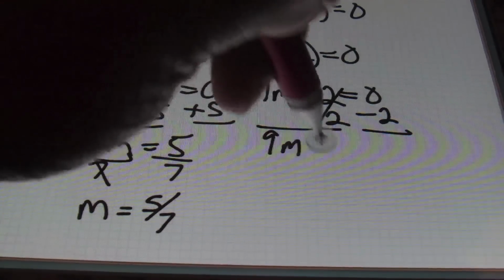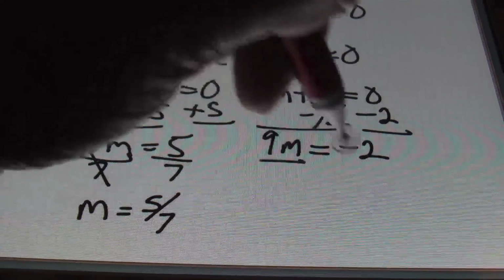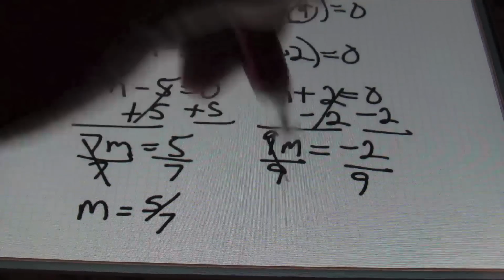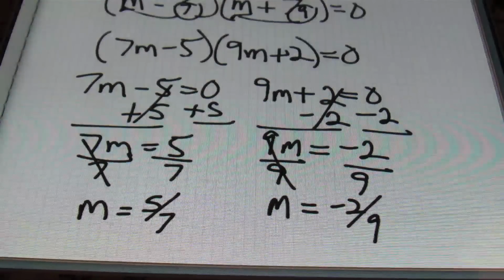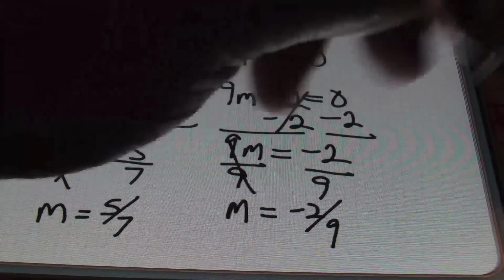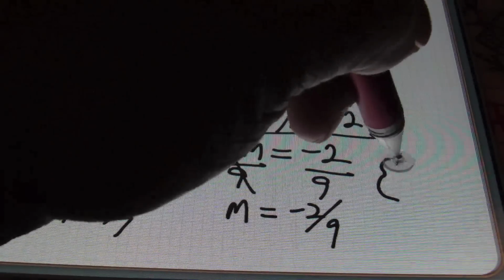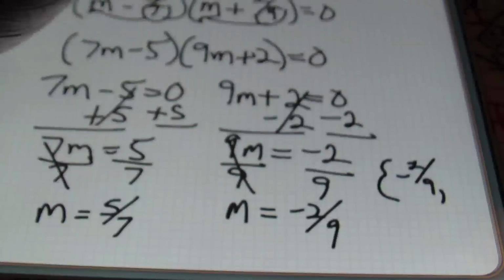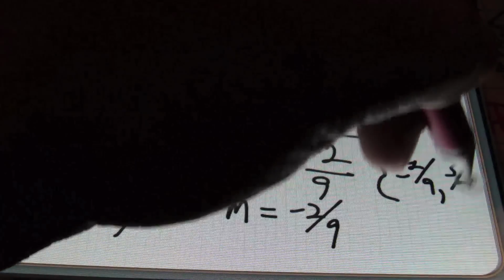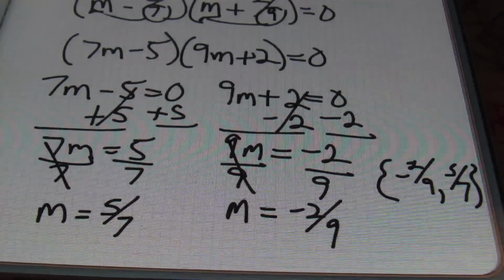I'll bring down 9m equals negative 2, and then I'll divide both sides of the equal sign by 9, leaving me with m equals negative 2/9. All right, so those are my two solutions. As a solution set, it'll be negative 2/9 and positive 5/7. And that's your solution to problem number 8.